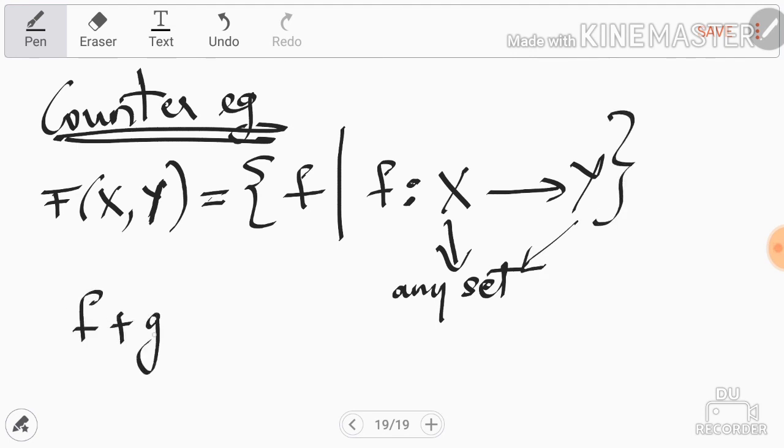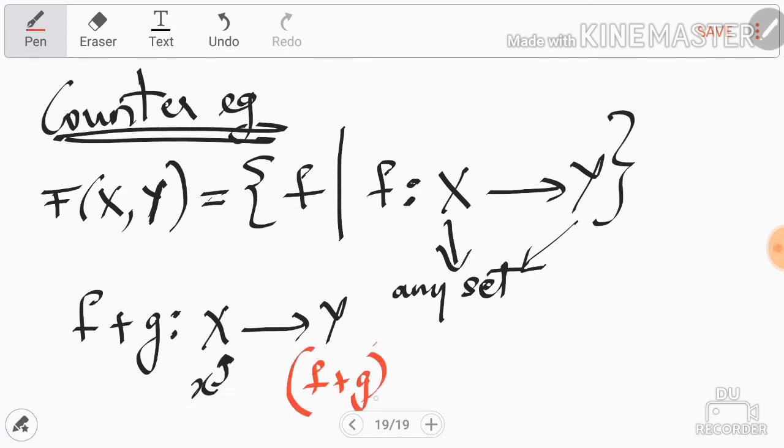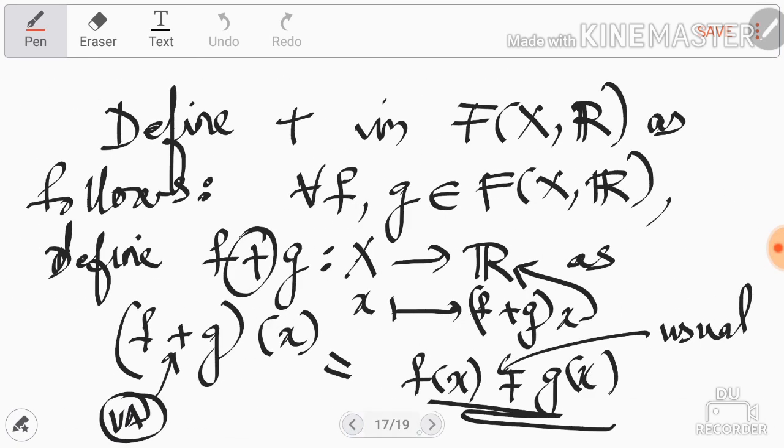How can you define f plus g? Of course, we will need f plus g as a function from X to Y again, which means that whenever you have an x in the domain, the output, that is (f plus g)(x), should be in the codomain. We can make use of the previous example.